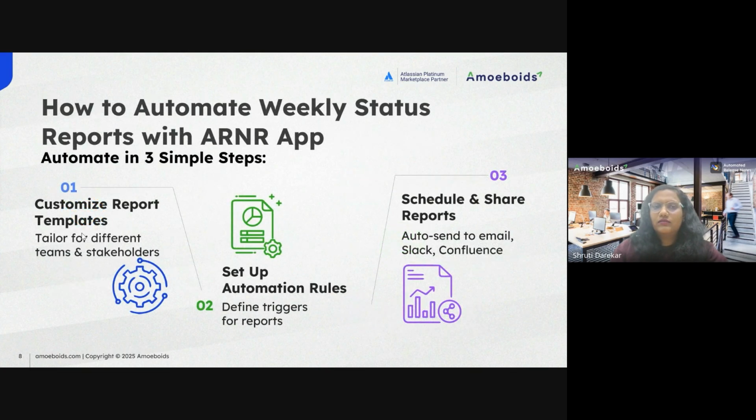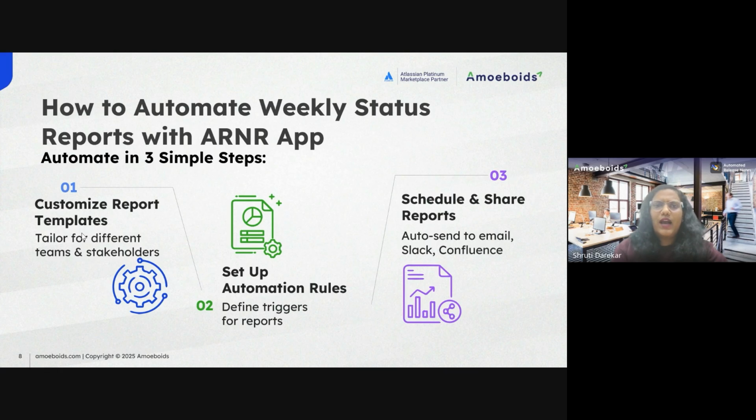Now, how to do that? The first thing is to create a customized template. There are many options for how you can create these templates. I'll be showing that to you in the demo. You can create different kinds of templates and customize them according to your needs and your stakeholders' needs. Then set up the automation rules. When do you want to send these reports?